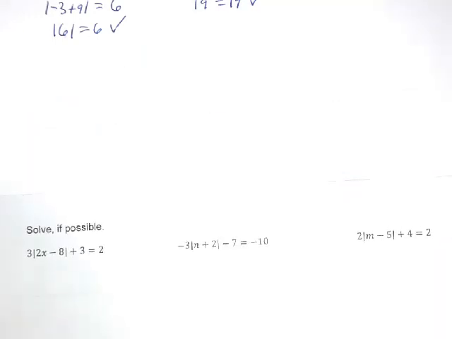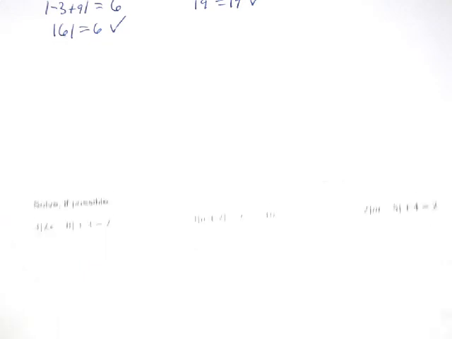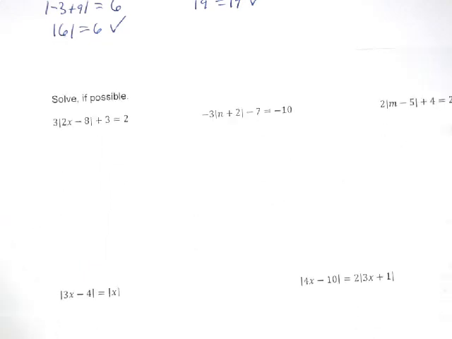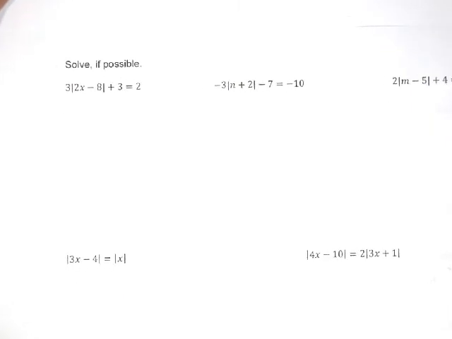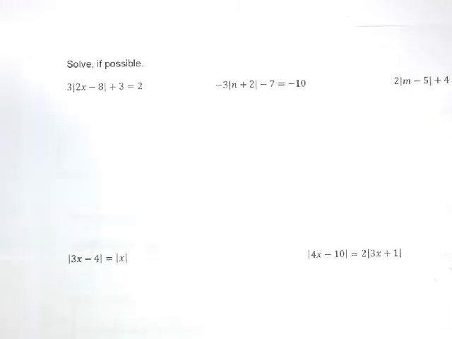We'll start out with 3 times the absolute value of 2x minus 8, plus 3 equals 2. Notice here it says solve if possible.